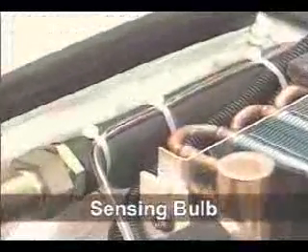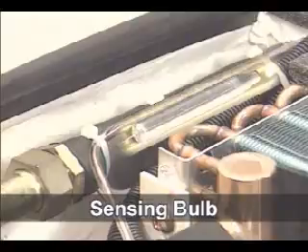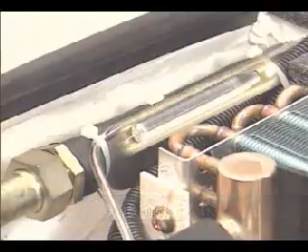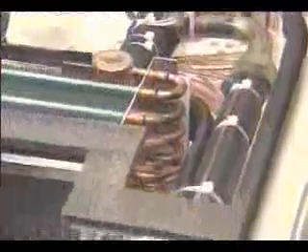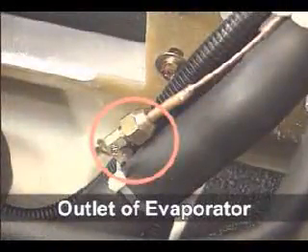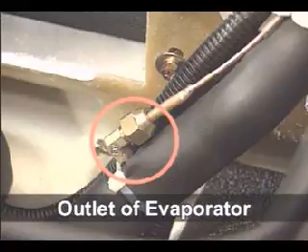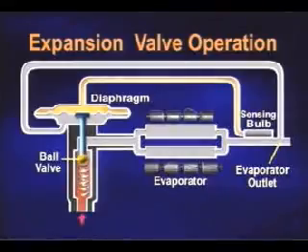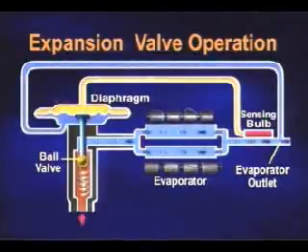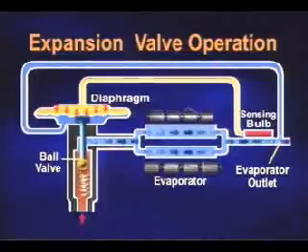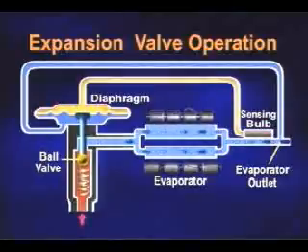The diaphragm upper chamber is connected to the sensing bulb, and the diaphragm lower chamber is connected to the outlet of the evaporator. The pressure at the diaphragm upper chamber changes with the temperature changes in the evaporator outlet, and accordingly the amount of refrigerant supplied to the evaporator is controlled by the ball valve operation.